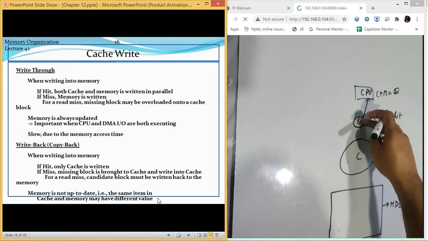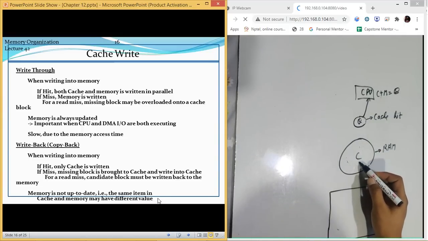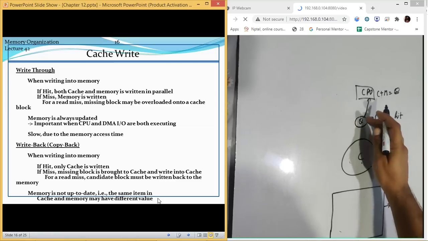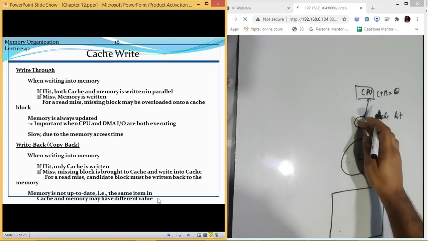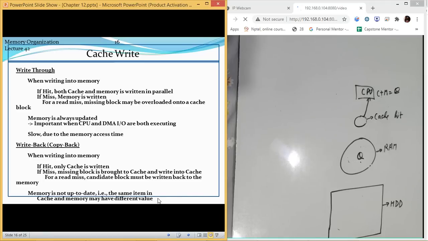Till the time we are not replacing it, the value will remain as C inside the RAM. And whenever we replace this value by some new data, then it will be updated inside the RAM. So that is the difference between write through and write back.